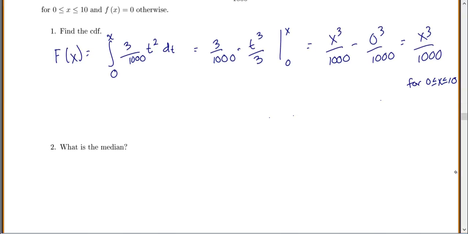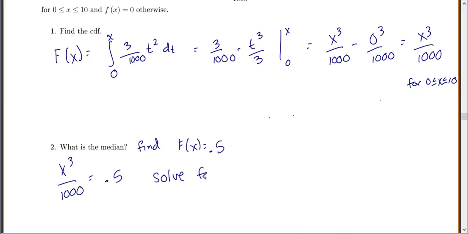So what is the median? The median is where we have half of the data below and half above, or our CDF would be equal to 0.5. So we'll say x cubed over 1,000 equals 0.5 because we want to know when that happens, and we will solve for x.